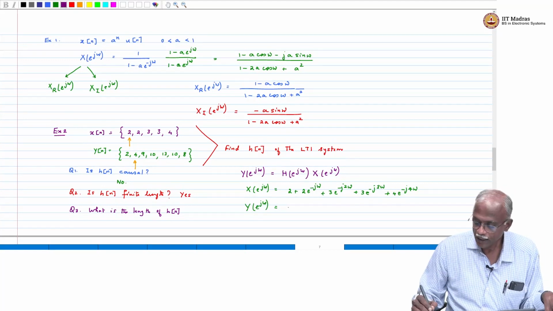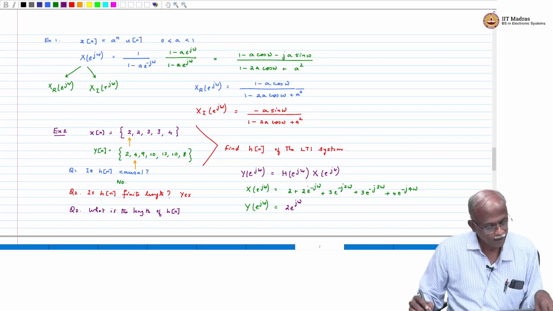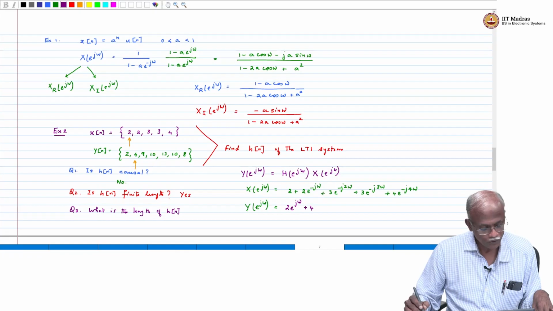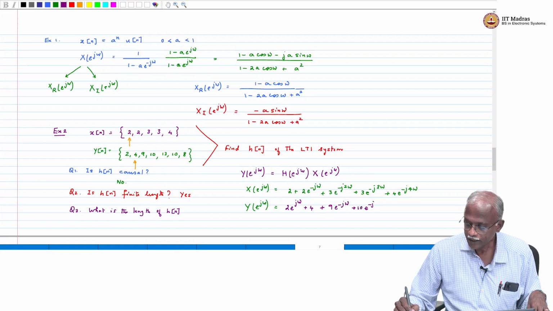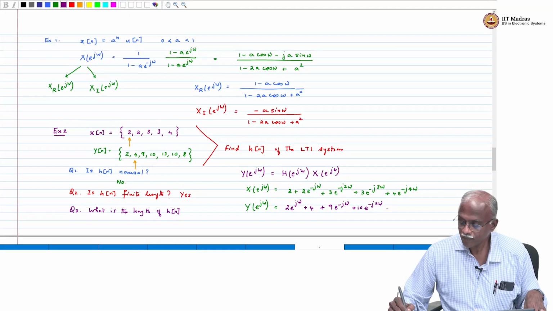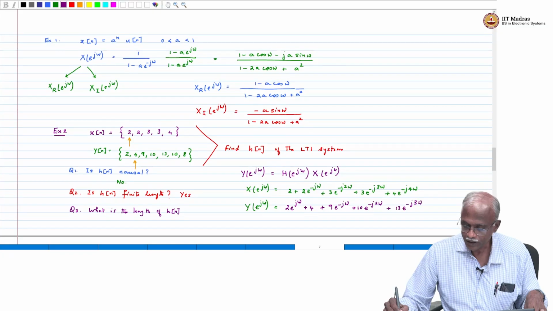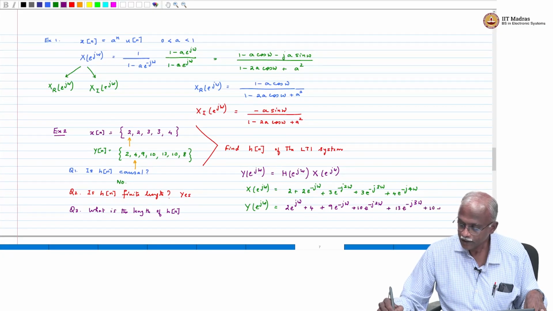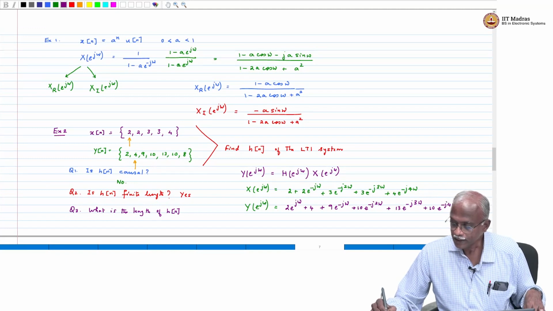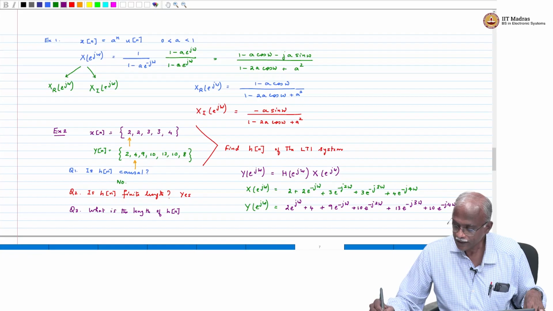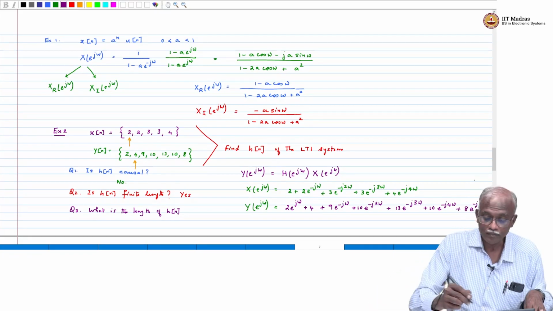This can be written as 2 e power j omega, that is the first term, plus 4 plus 9 e power minus j omega plus 10 e power minus j 2 omega plus 13 e power minus j 3 omega plus 10 e power minus j 4 omega plus 8 e power minus j 5 omega.